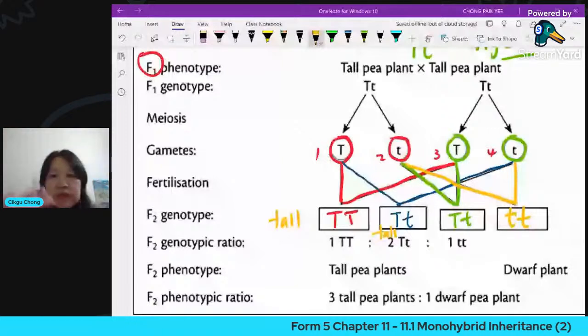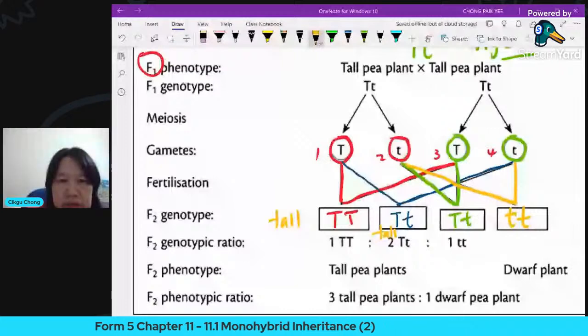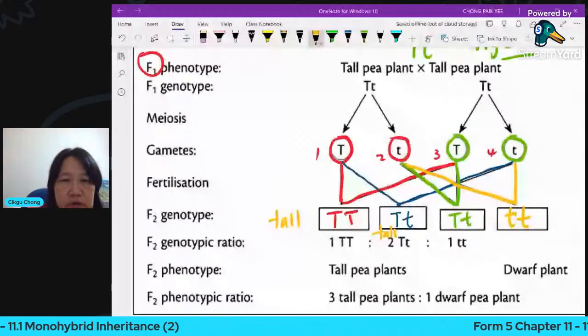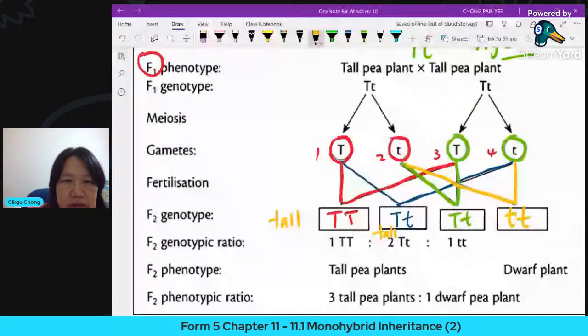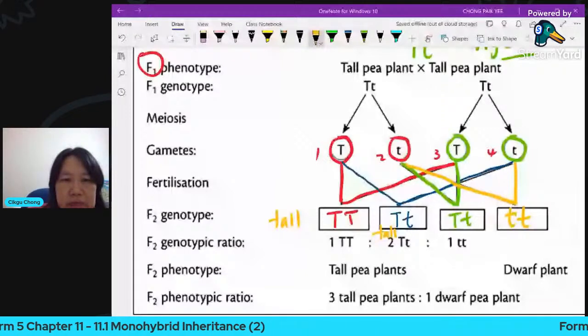You take this one and this one, you combine together, you get capital T, small t. You also combine this one and this one, you get capital T and small t. So you combine the top here, capital T, capital T, capital T, small t, capital T, small t. So you get all tall plants.